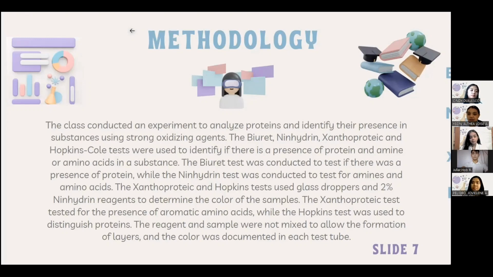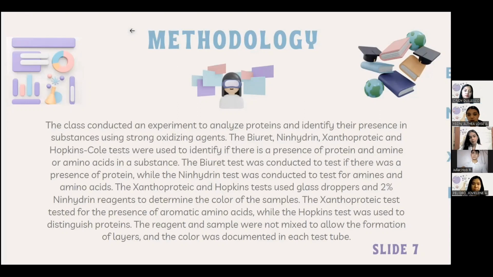The biuret, ninhydrin, xanthoproteic, and Hopkins-Cole tests were used to identify if there is a presence of protein and amine or amino acids in a substance. So allow me to elaborate on the process of each test so that we can obtain more detailed information about the method that was carried out.